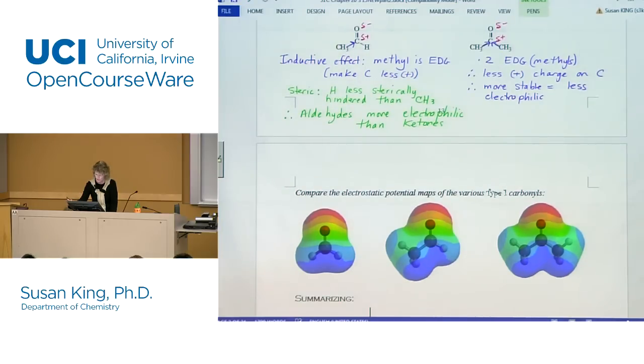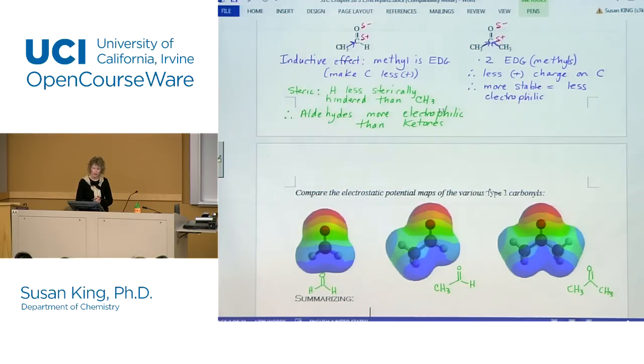Okay, I don't know how well this shows up. What do you think? Compare electrostatic potential maps of the various type 1 carbonyls. So this is formaldehyde. We'll draw it right underneath in case you can't see it through the color there. This is acetaldehyde. And this is acetone. Now remember, with electrostatic potential maps, the more blue, the more electrophilic.